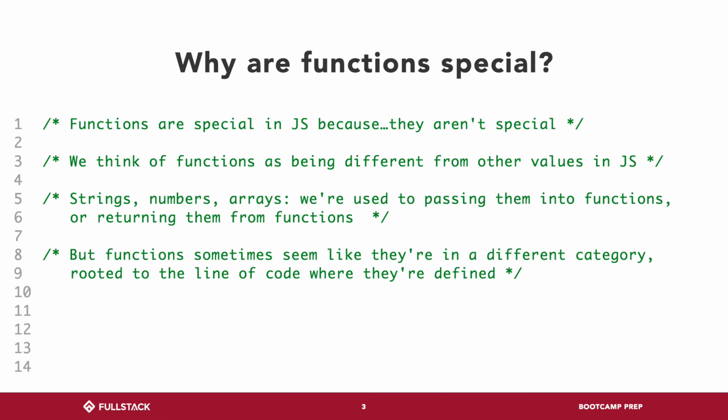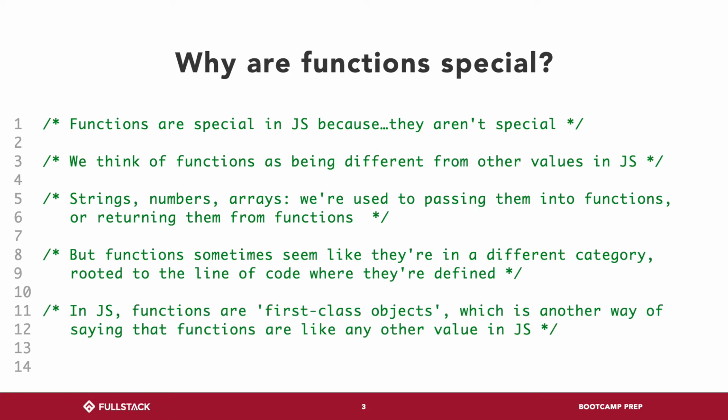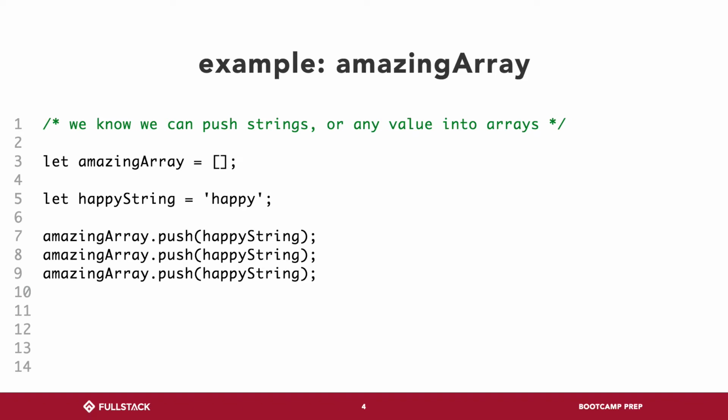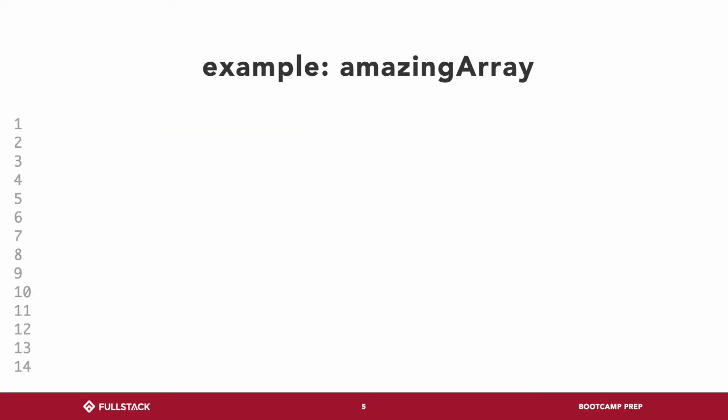It's very flexible. When people say functions are first-class objects, that just means functions are very similar to other structures that we've been using, like objects, arrays, strings, numbers, booleans. You just pass them around. And this gives you a lot of flexibility. So we can push strings into arrays, but we also can push functions.